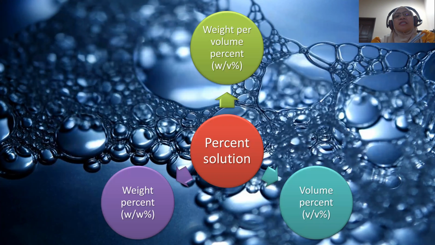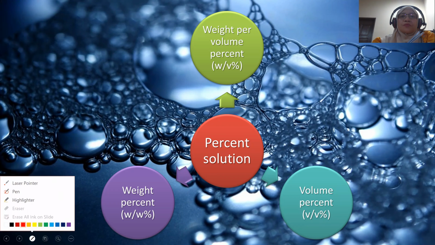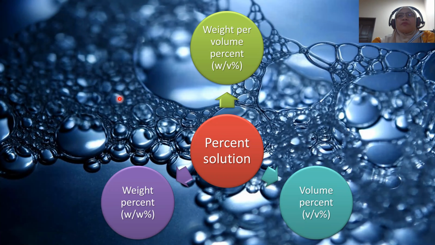Chemical concentration in cleaners and sanitizers are given in percent solutions, but it is important to note which type of percent solution the document is referring to. They are weight per volume percent, and weight percent.